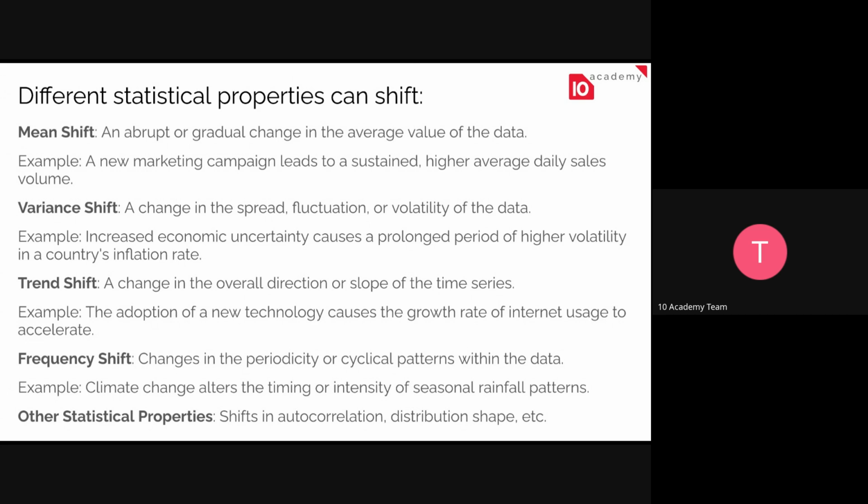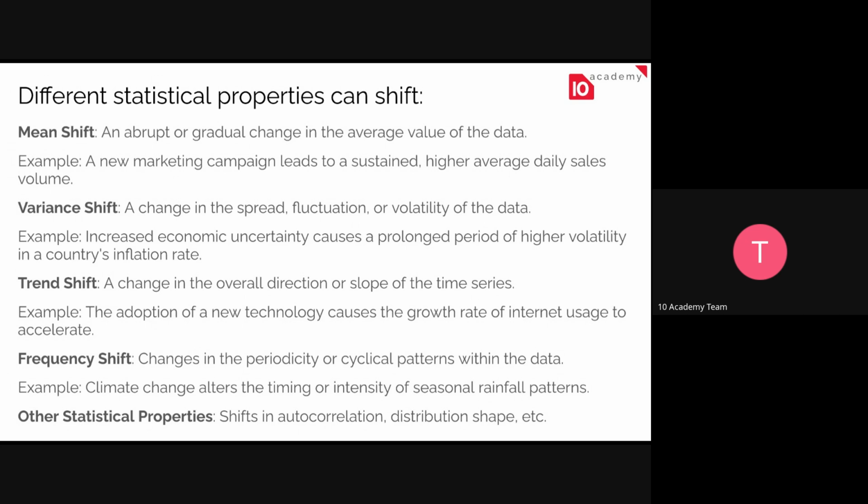I don't know if you remember, but last time we have seen three parts of a time series data, right? A trend, a quick shift, and the hybrid one. So trend is for a prolonged time: a change in the overall direction or slope of the time series.